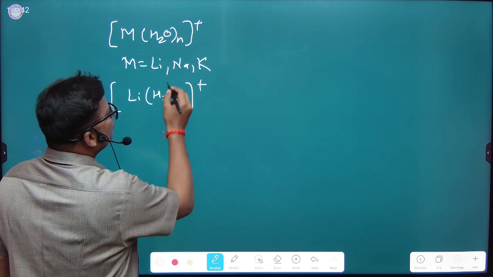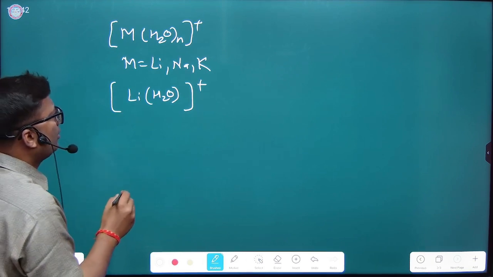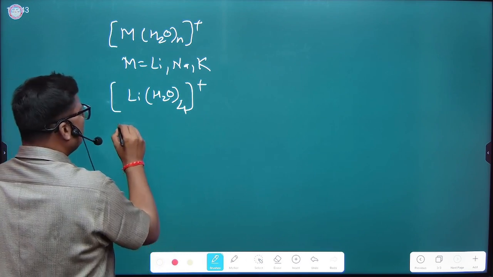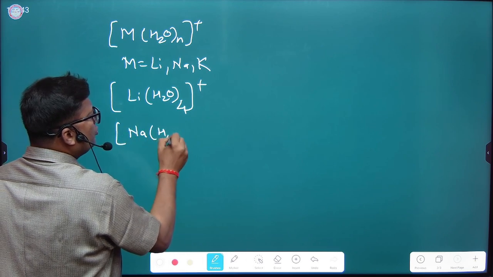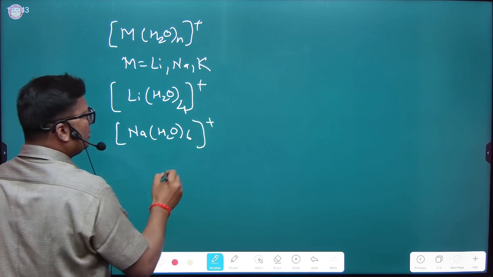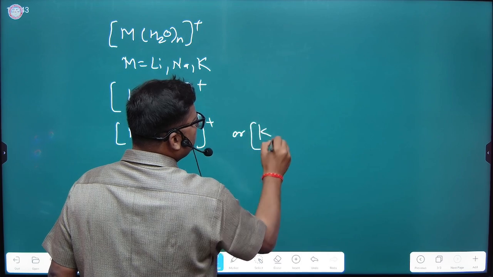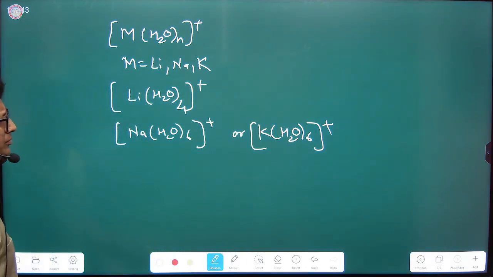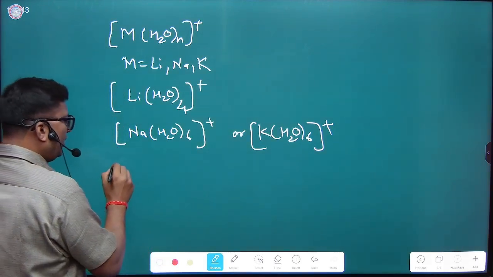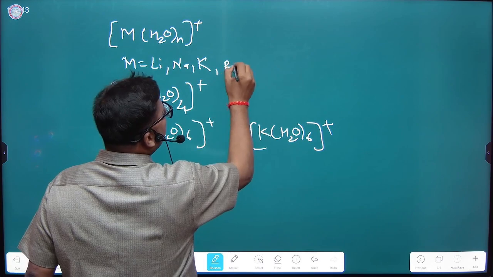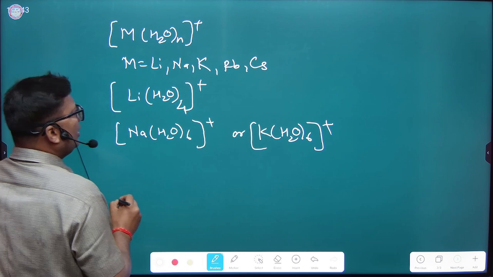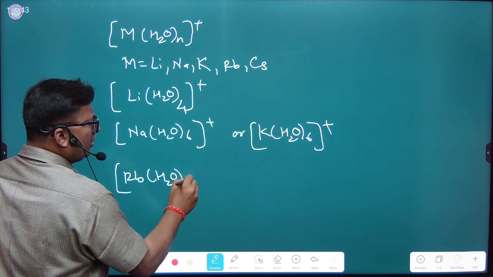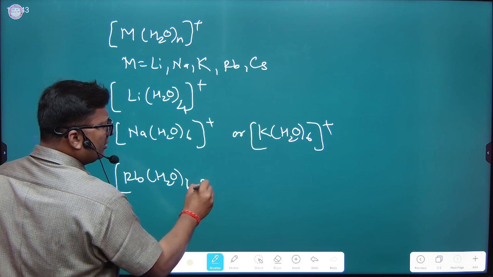In the case of sodium and potassium, [Na(H2O)6]+ or [K(H2O)6]+. In the case of rubidium, [Rb(H2O)n]+ with n from 6 to 8, any value may be.